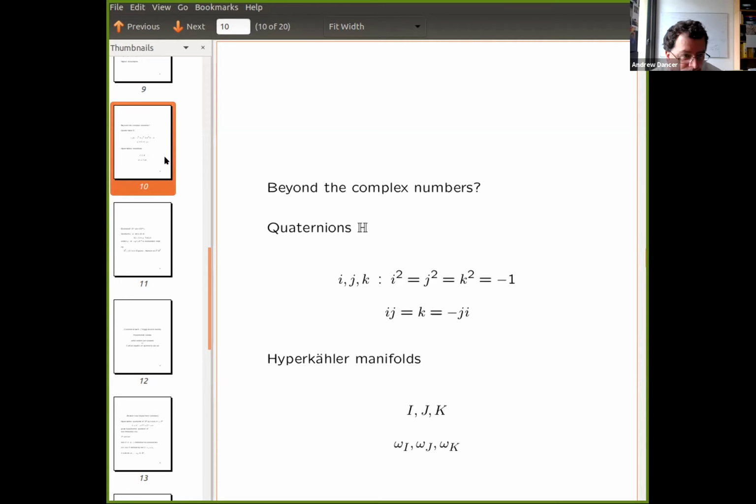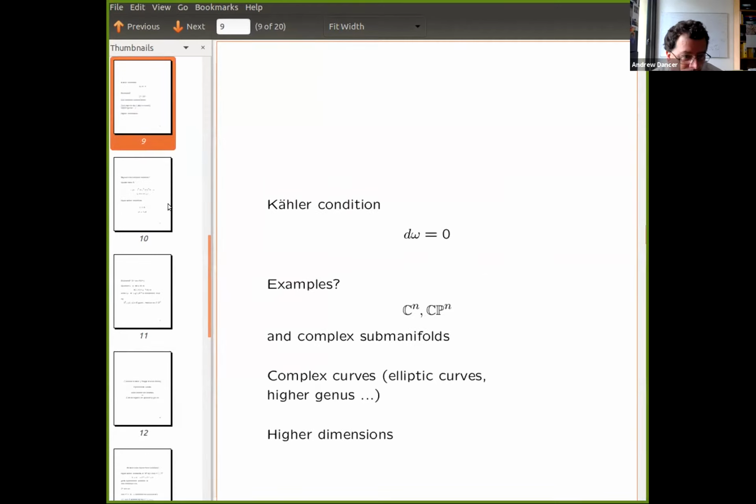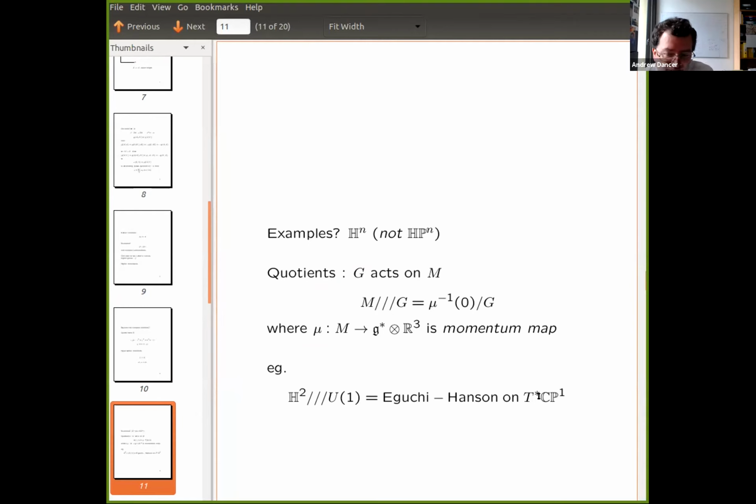And it quite often happens. A simple example is Gibbons-Hawking. For that, the generic complex structure is the complex structure of an affine variety, xy equals a quadratic in z. But then there's a distinguished complex structure, the cotangent bundle of CP1.